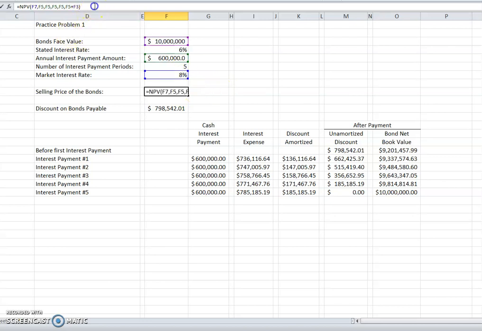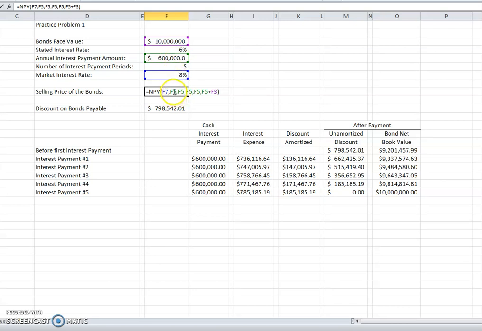So when you get up here to calculate it, it is pretty simple. You put in the interest rate first, and then you put in the payments that you're going to have to make. So the annual payments, so we have the $600,000 here in F5.